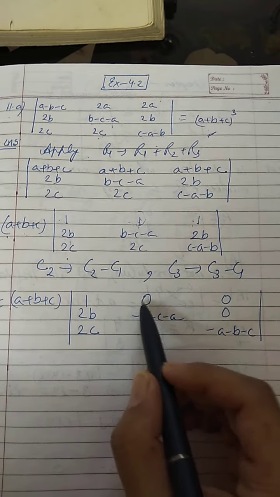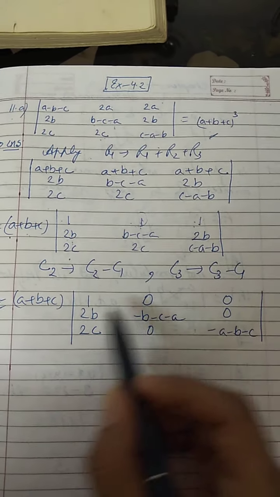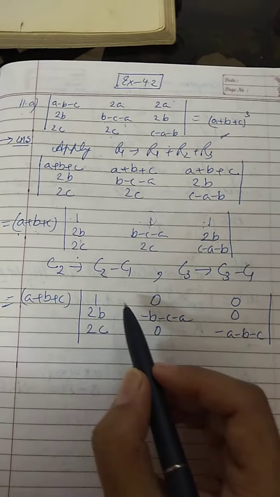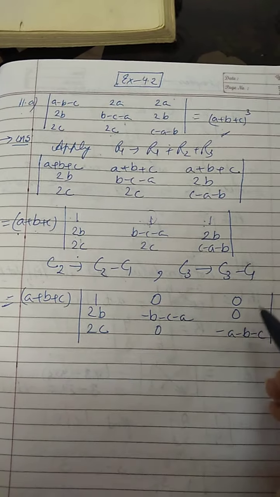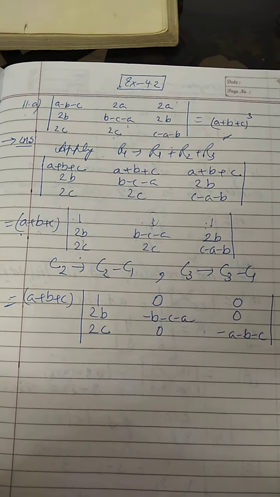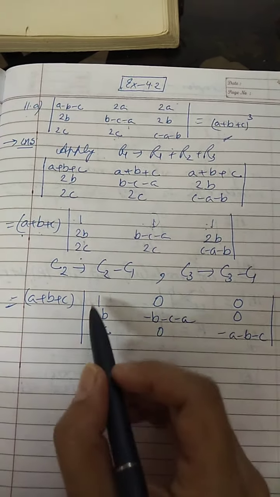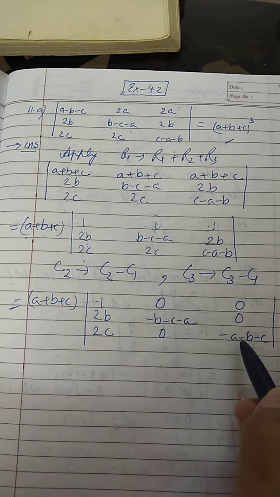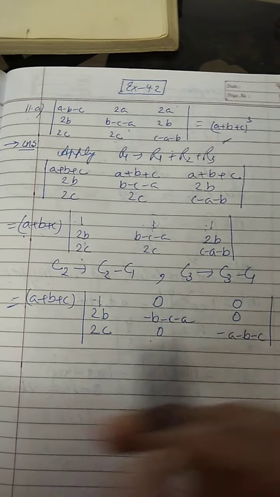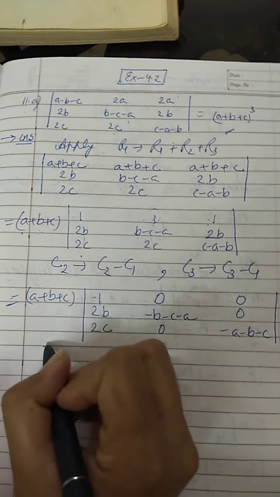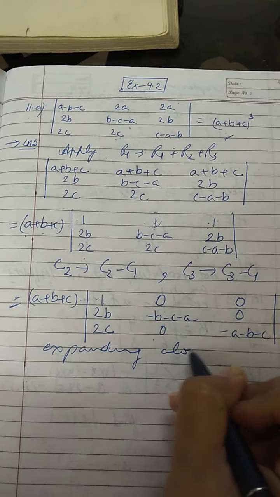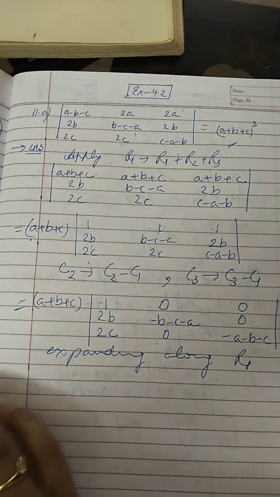And once I get two zeros either in row or column, we will just expand that determinant along that row or column. Here the first row is having two zeros, even the third column is also having two zeros. But if you notice, if I expand along this, 1 is there, so simply I will get this into this minus 0, and our answer will be there, right? So we can write here expanding along R1.